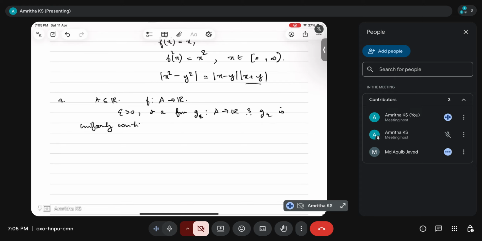That is, for each epsilon greater than 0, there exists a function g epsilon from A to R such that g epsilon is uniformly continuous on A and the mod of f of x minus g epsilon of x is less than epsilon for all x in A. Prove that f is uniformly continuous on A.